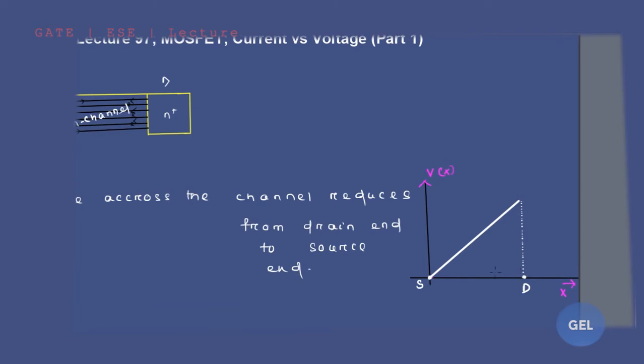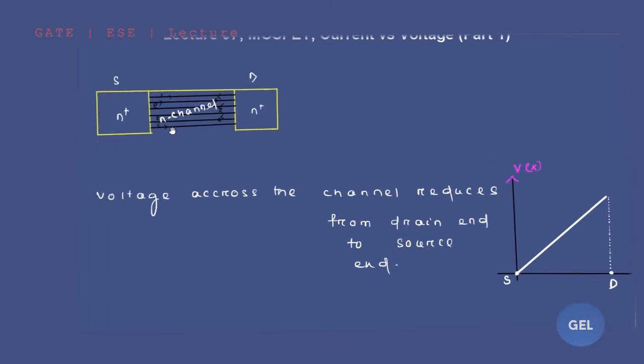You got this point? So voltage across this channel reduces in this manner.